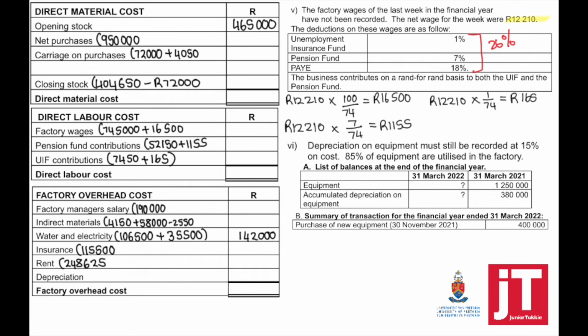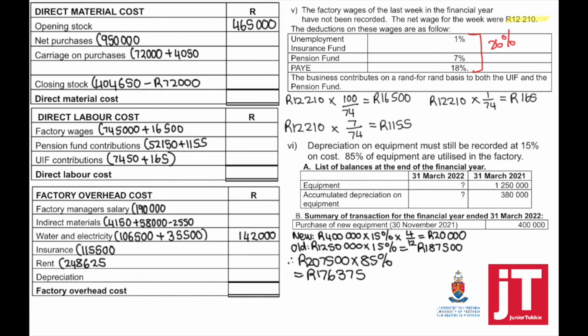This means we need to calculate depreciation, which is our expense, on the new plus the old. So if we look at the new, 400,000 times 15% times 4 divided by 12. Old, 1,250,000 times 15%.